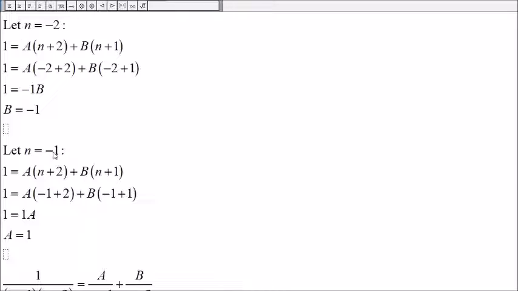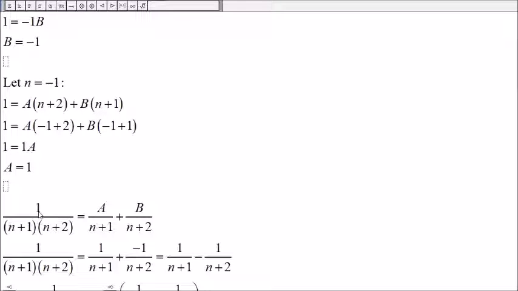Negative 1 plus 2 is 1. 1 times a is 1a. So we get a to be 1.